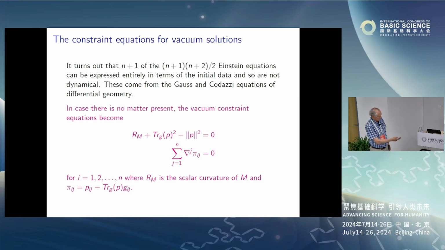This is a scalar equation, and this is a system of n equations. So there are n+1 constraint equations. In particular, the initial value problem can only be solved assuming these equations hold. And so the first thing you have to do is understand how to solve this system of constraint equations.